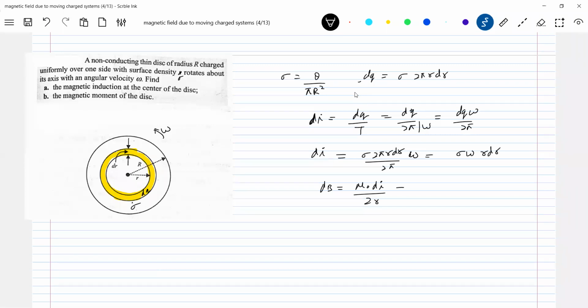So this is mu naught sigma omega r dr by 2r. r gets cancelled, so mu naught sigma omega by 2 dr. Field strength will be integrated from 0 to capital R: mu naught sigma omega R by 2. So this is the field strength at the center, at O only.